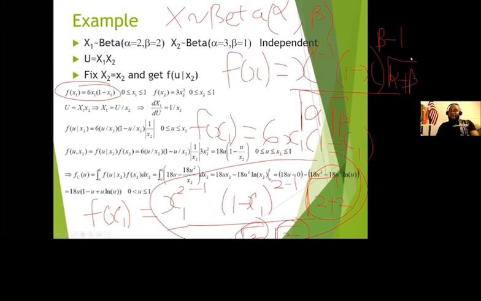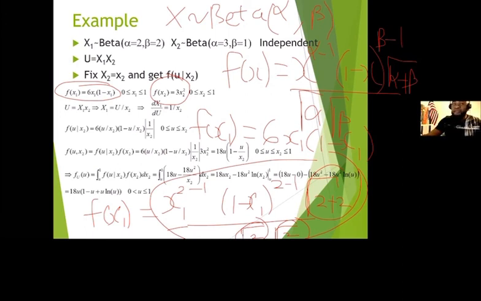If you plug in alpha equal to 3 and beta equal to 1, you are going to have this. And you know the range of x for a beta distribution is from 0 to 1, because I told you the other time we use the beta distribution to measure a proportion, when the proportion is a random variable.